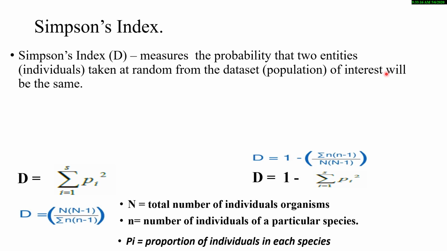Now, when you look at the formula, I personally prefer using Simpson Index 1 minus D because it gives you an answer between 0 and 1, which is a lot easier to make sense of the analysis.